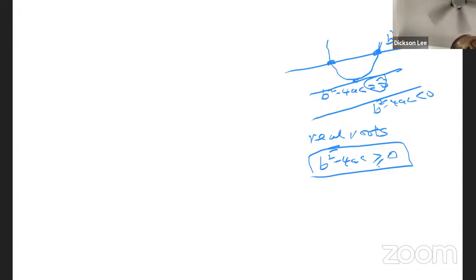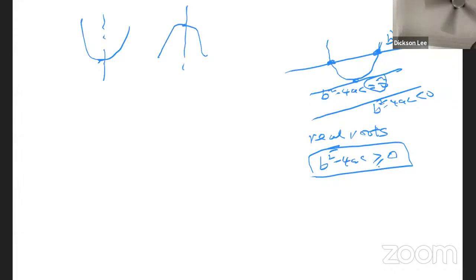They normally give you a quadratic function curve. Then they ask you whether it's a minimum, or you find a minimum point, or you find a maximum point with the curve. And then they ask you the axis of symmetry.